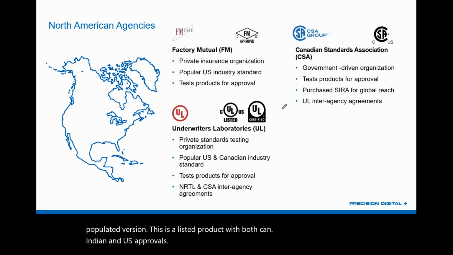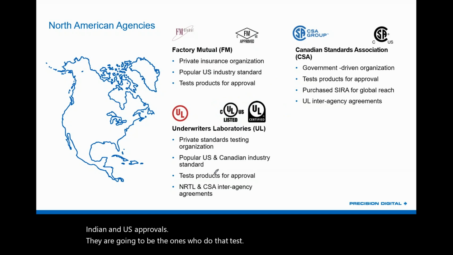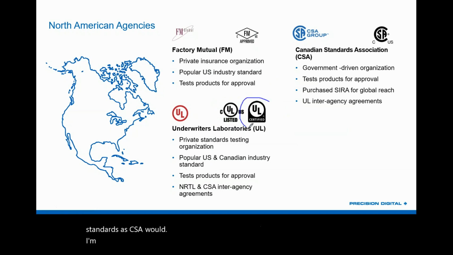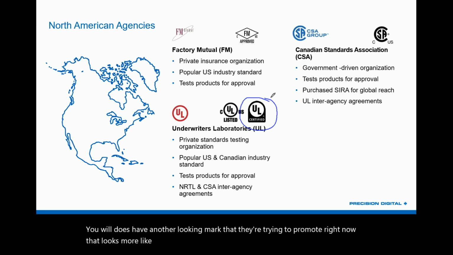They're going to be the ones who do that test, and they can get that Canadian approval, which tests it to all the same Canadian standards as CSA would. UL does have another looking mark that they're trying to promote right now that looks more like that. It's just another variant of the mark.